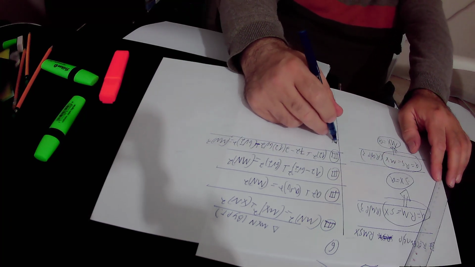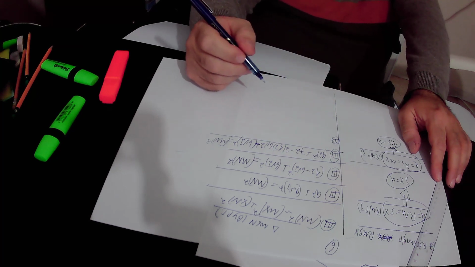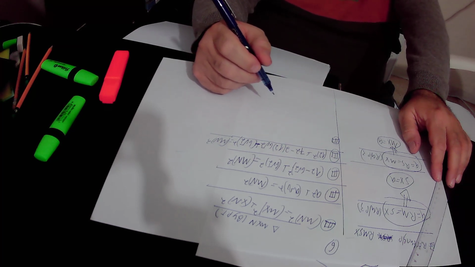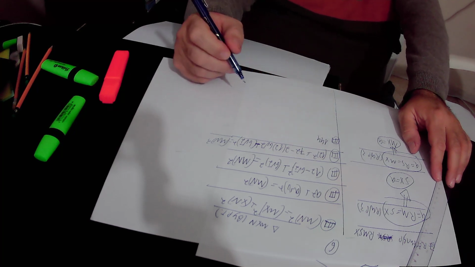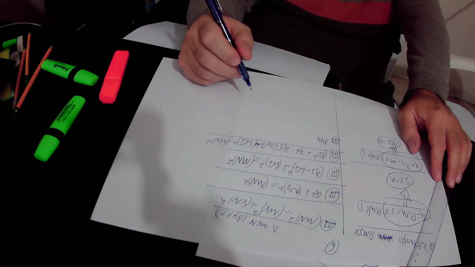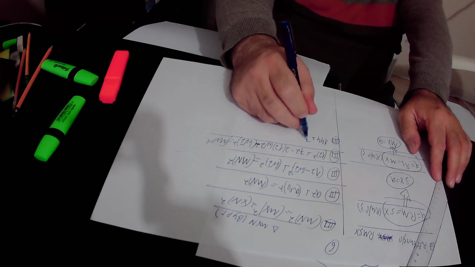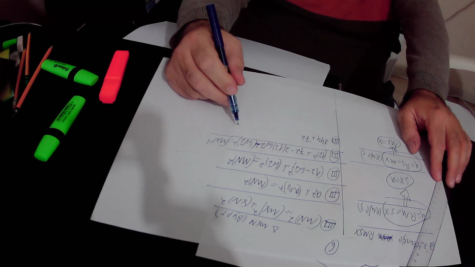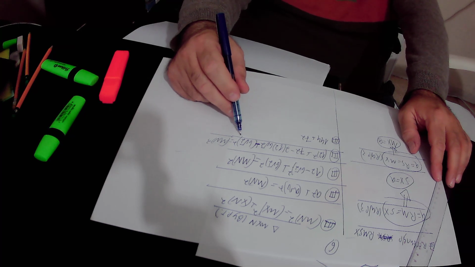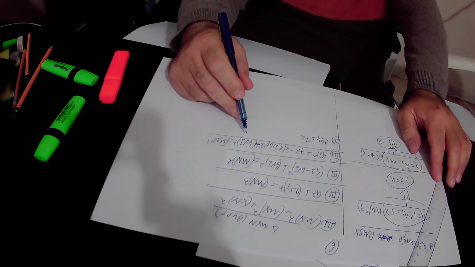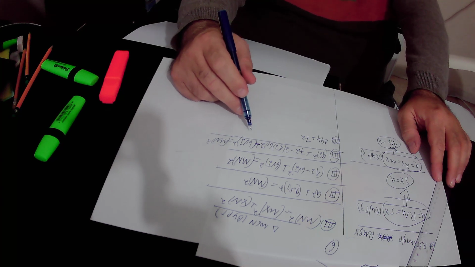So here we have 12 squared. 12 squared is 144. Plus 72. Here we have (6 times square root of 2) squared. Actually, square root of 2 squared is 2, and 6 squared is 36, and 36 times 2 is 72.